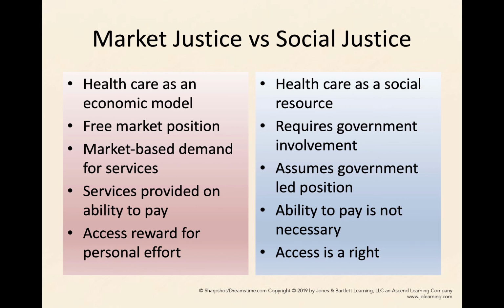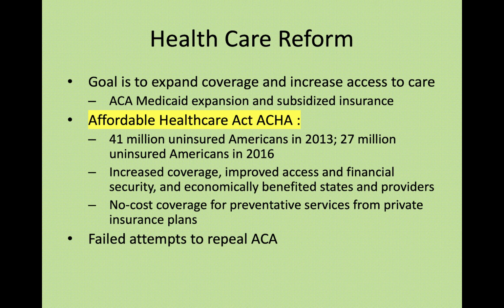It looks at ability to pay as not as necessary, and it says that healthcare is a right. So in the United States, we're trying to balance these. And when you watch healthcare systems around the world, you'll see that other countries do a combination of this approach, but they use social justice as a foundation to catch people when they don't fit into the economic model.